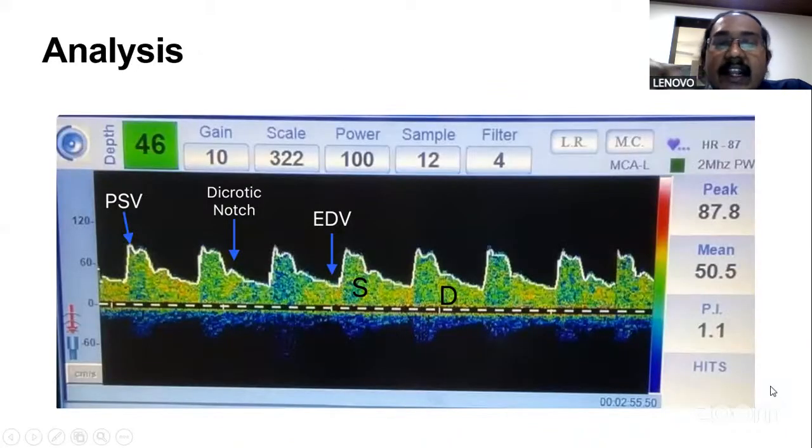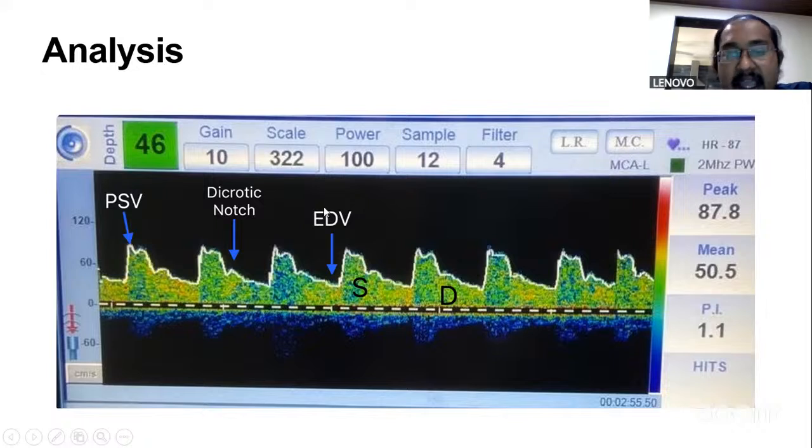So when we analyze this spectral waveform, we understand that there is a sharp upstroke and a peak systolic velocity. Then it comes down in a gradual manner, and we have a dicrotic notch. Also we observe that the velocities do not touch the baseline, and there is a good amount of end diastolic velocity.